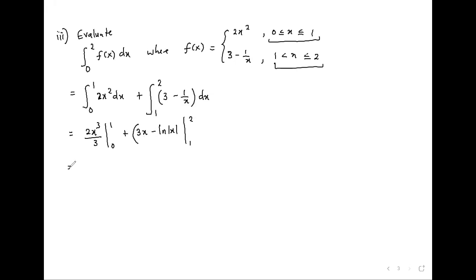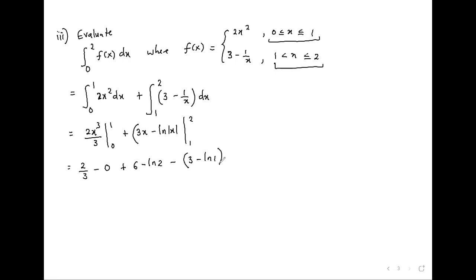That is, you substitute 1, we get 2 over 3 minus 0 when you substitute 0. Plus substitute 2, we get 6 minus ln 2, minus substitute 1, you get 3 minus ln 1.